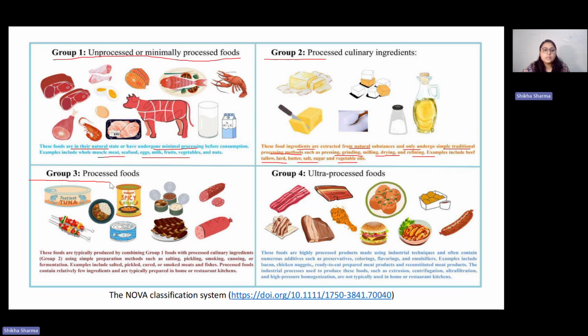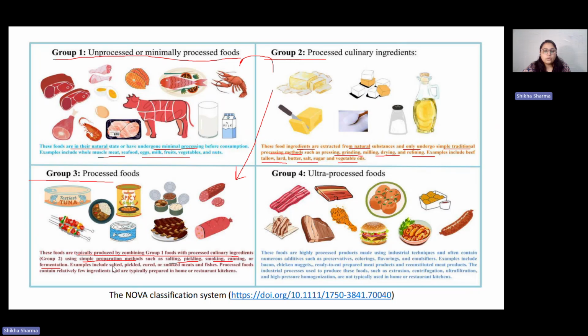Then the third group is processed food. These food products are typically produced by combining group 1 food with group 2, which is processed culinary ingredients. When we combine group 1 with group 2 using simple preparation methods such as salting, pickling, smoking, canning, or fermentation, we get these category 3 products.